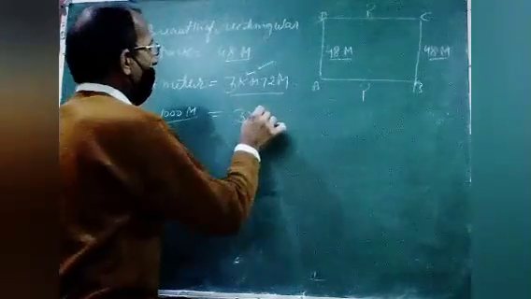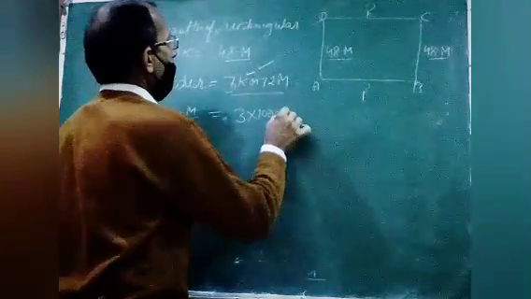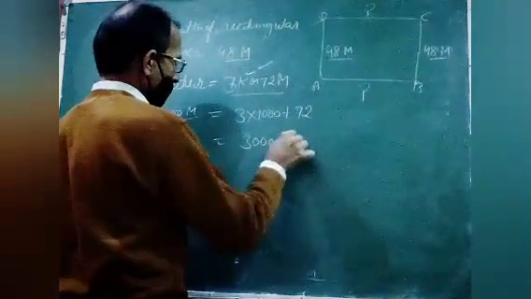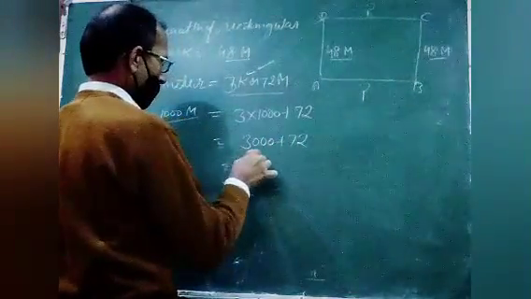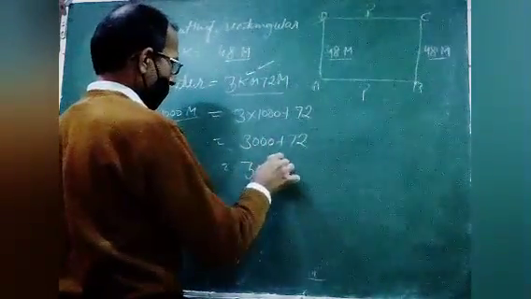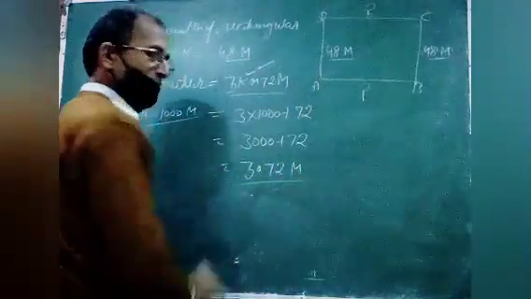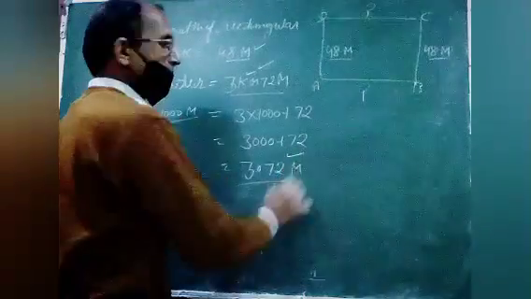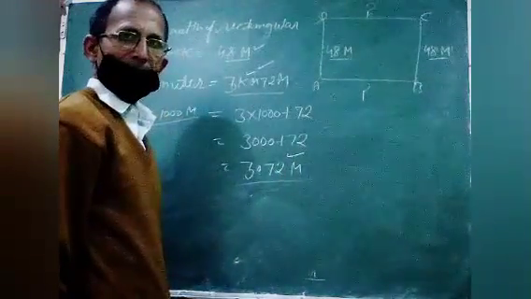So 3 multiplied by 1000 plus 72. So it will be 3000 plus 72, 3072 meter. So this is the breadth and this is the perimeter.